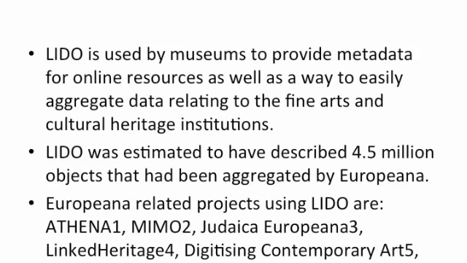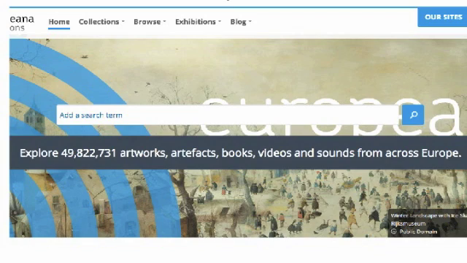So we're talking about 12 million objects at least in European collections, and that's not even accounting for how it's being used in the States now. And it is being used more and more.